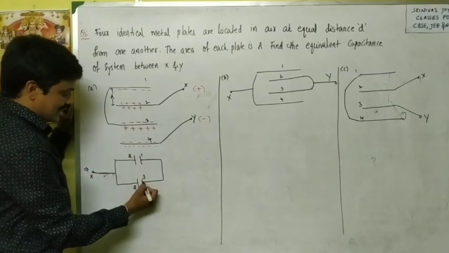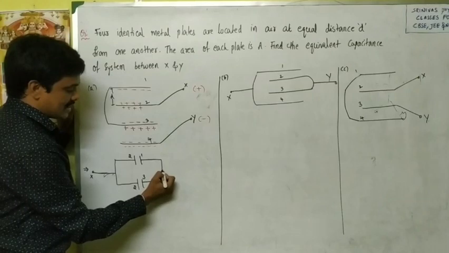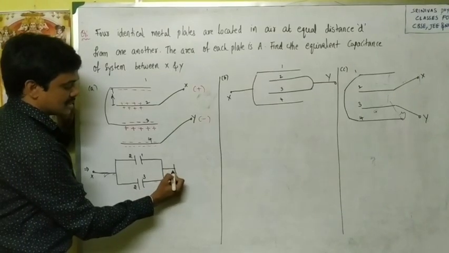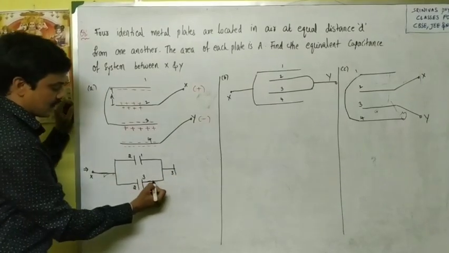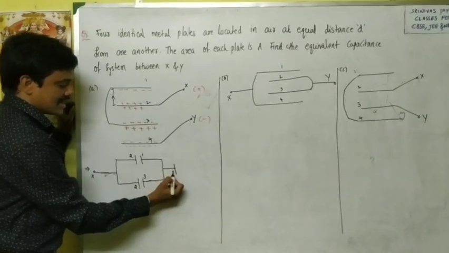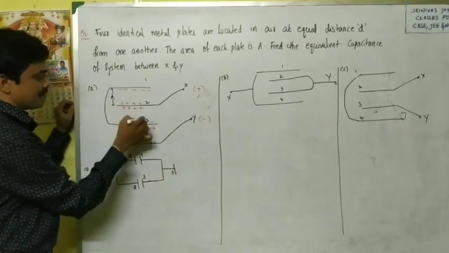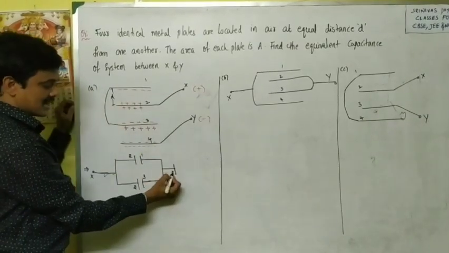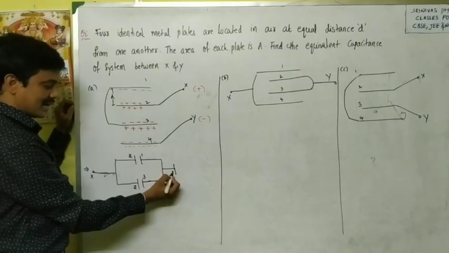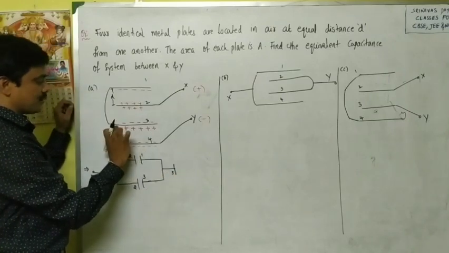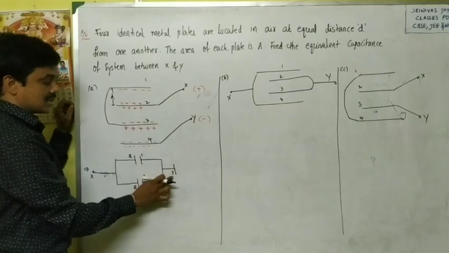When we take the wire from 3, this also acts as 3, and 1 and 3 are both the same. You may take it as 1 also, or as 3 also, because 3 4 acts as one capacitor. That's why I took it as 3.